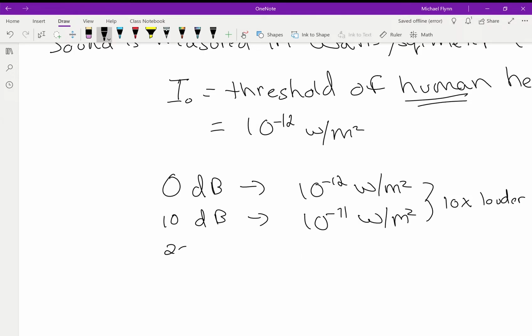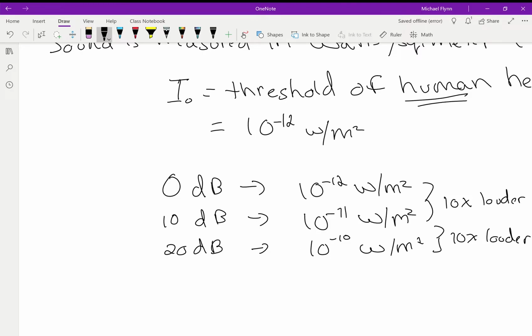Now, 20 decibels would be 10 to the power of negative 10 watts per square meter. Again, that's 10 times louder than the previous sound.